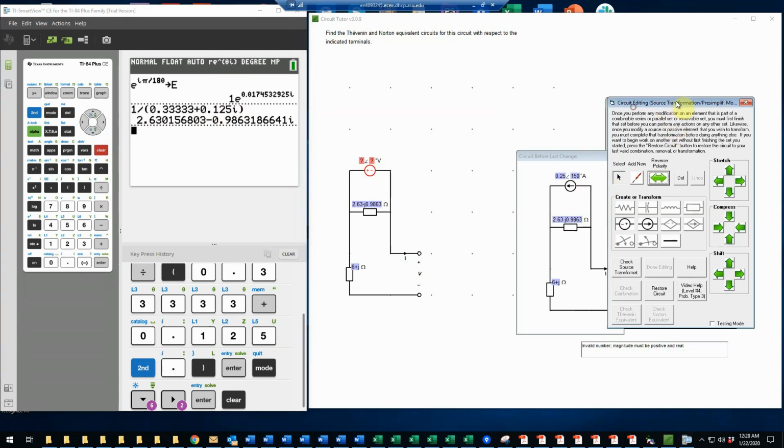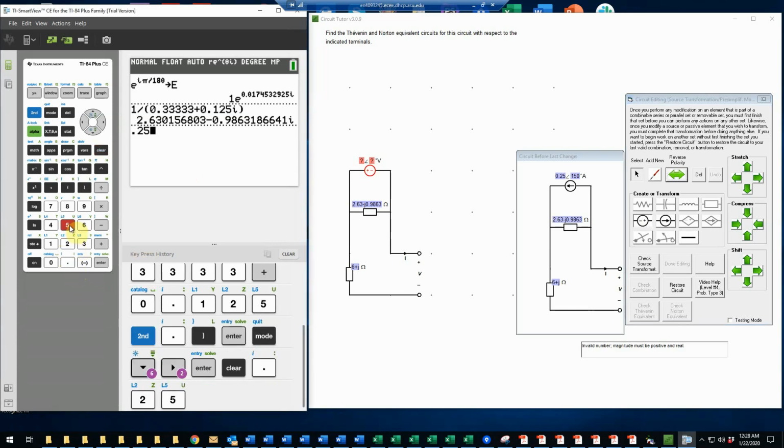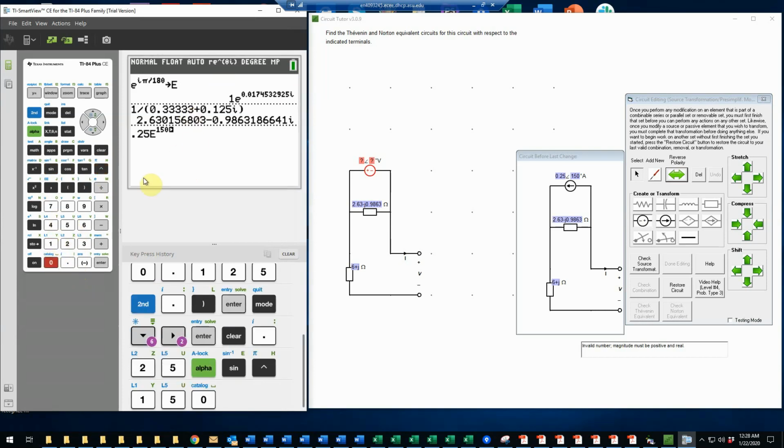Okay, so now I'm going to multiply the 0.25 and then E150, so that's where I'm going to use that E symbol that I defined earlier to the 150 power. And notice this works because I'm in degree mode now. And I'm going to multiply that times the impedance.